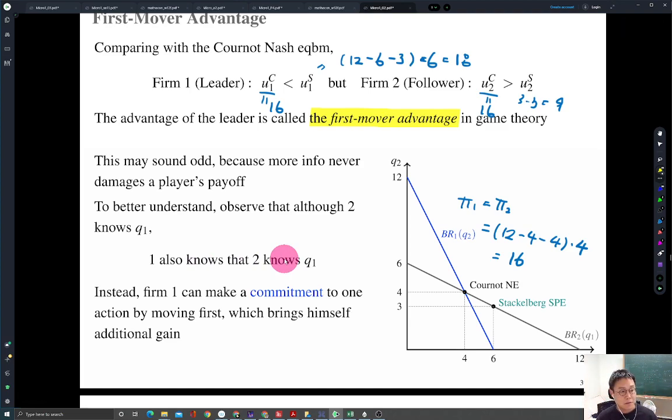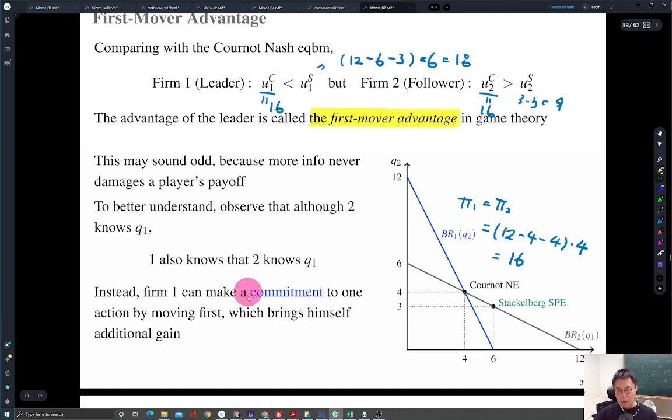Instead, now firm 1 has commitment power by moving first. By producing, not just by announcing that he has a plan to produce 60 units, but by implementing such an action directly and showing that to firm 2, so he indeed produced 60 units.